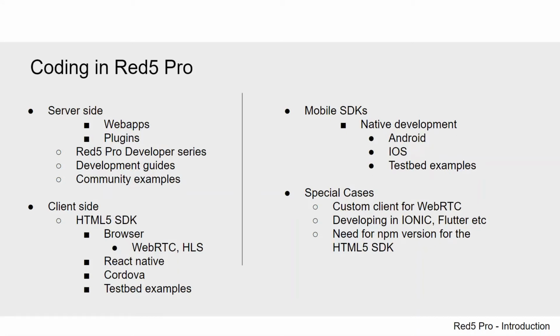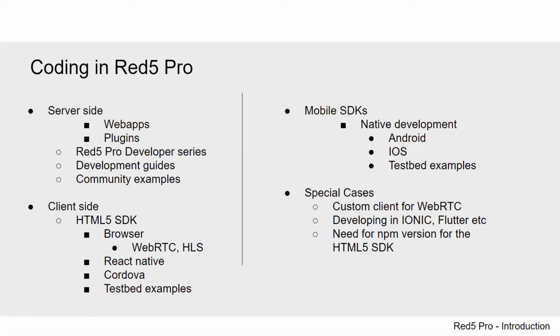There is also support for React Native that can be found on Red5 Pro GitHub repositories. Then there is support for some other libraries such as Cordova, and these are supported through third-party community contributions.